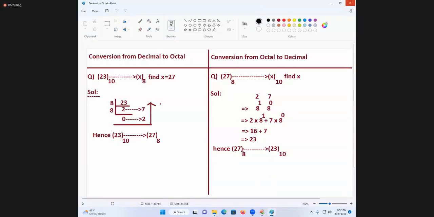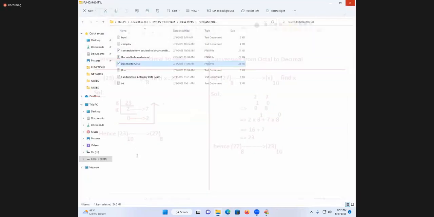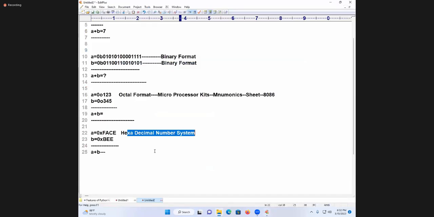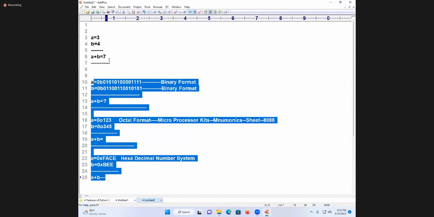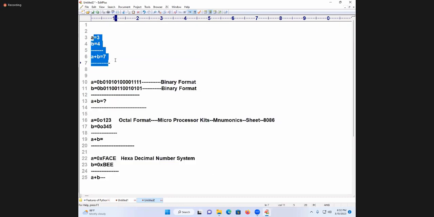So the conclusion today is that irrespective of the type of number system data you represent, Python programming automatically converts it into an understandable format. Octal is converted into decimal, where it can be easily understood by the programmer. Hexadecimal is automatically converted into decimal.